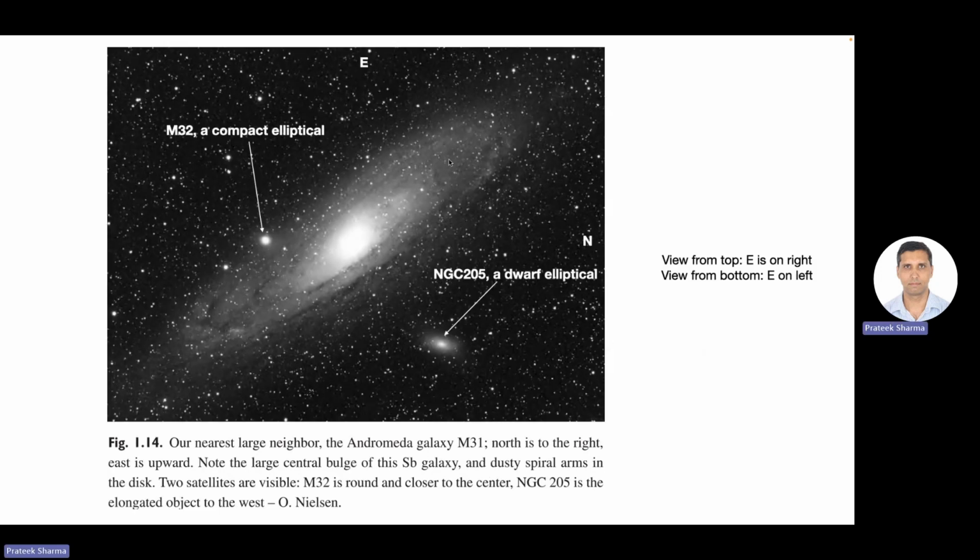This is our nearest large neighbor, Andromeda, or M31. What are these M numbers? There is M31, M32, right? This is the famous catalog by someone called Messier, who was interested in putting together the comets. Everything which looked like a comet, he classified, but these things are not comets because they appear every day.